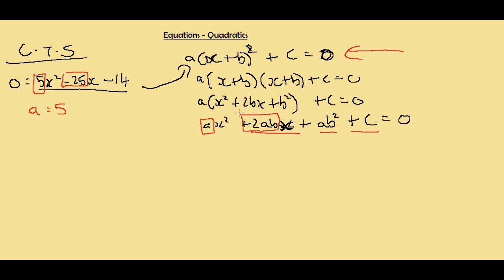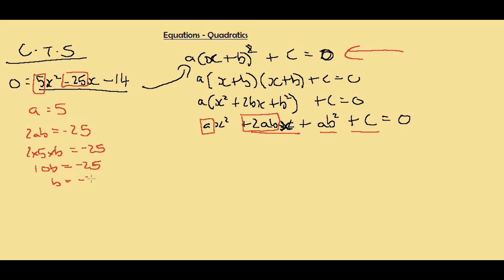So we can say 2ab equals minus 25. And because we know that a is 5, I can say that 2 times 5 times b, i.e. substituting the a for 5, equals minus 25, which makes 10b equal to minus 25, and then b is minus 25 divided by 10, which is just minus 2.5.